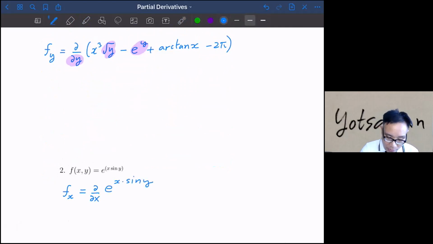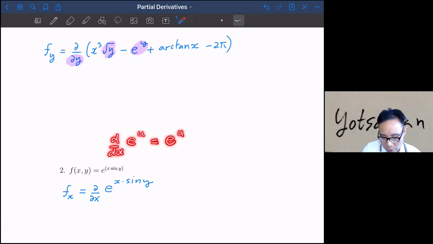And this one is the derivative of e to the u, d/dx of e to the u. So this one is equal to e to the u times u prime. Okay, so that is the thing that we used to do last semester.